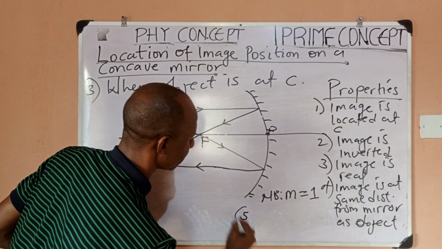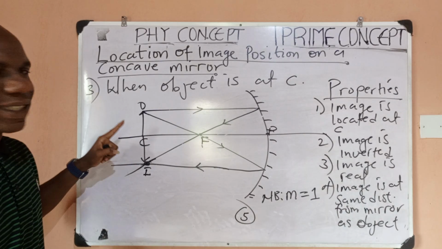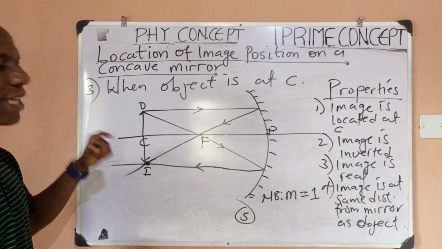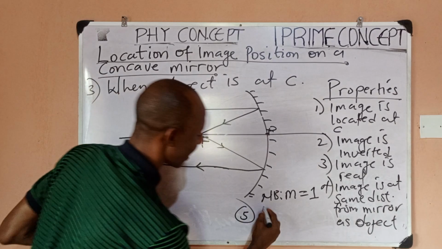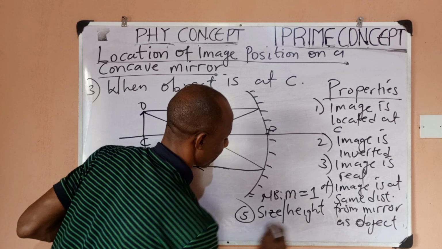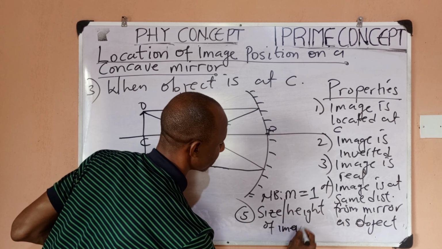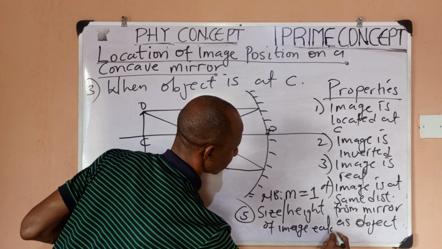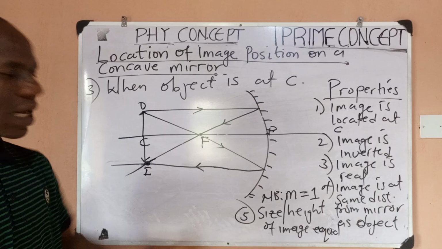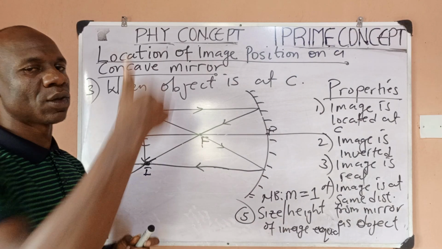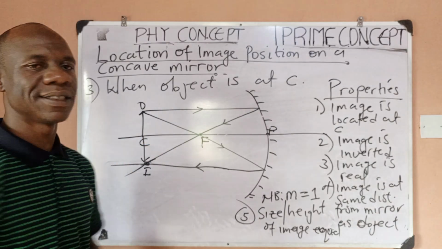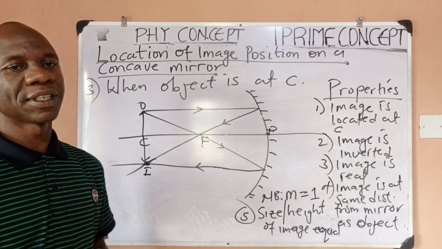Number 5 is that the size or height of your image is the same as the size or height of your object. I don't have space. So the size or the height of your image equals the size or height of your object. So these are properties you should note from this, and that is why your magnification is 1.